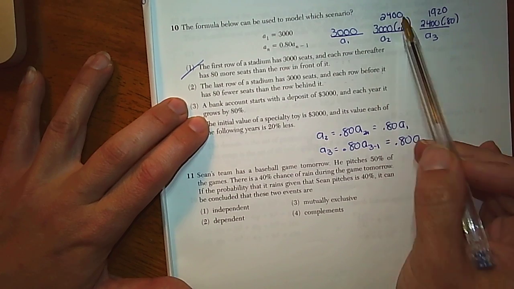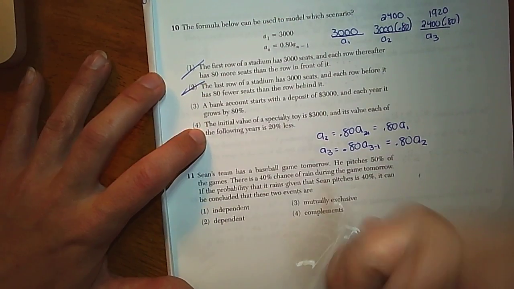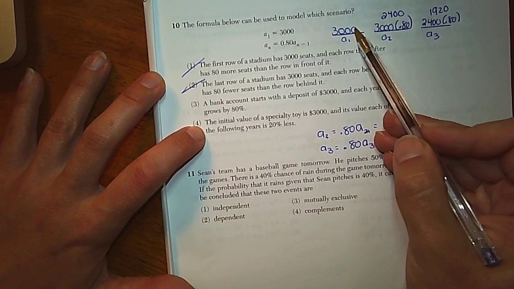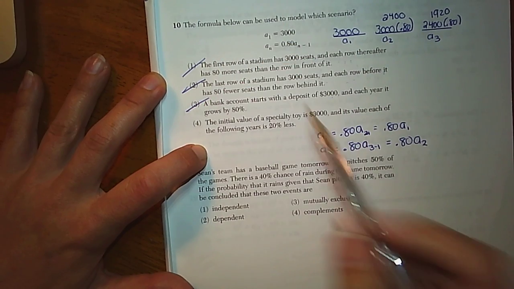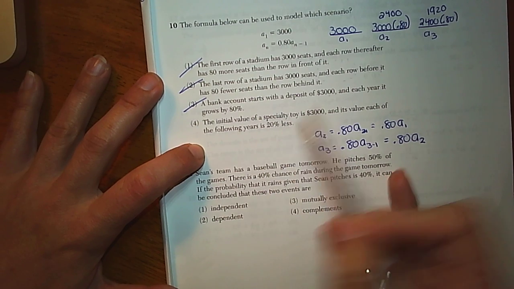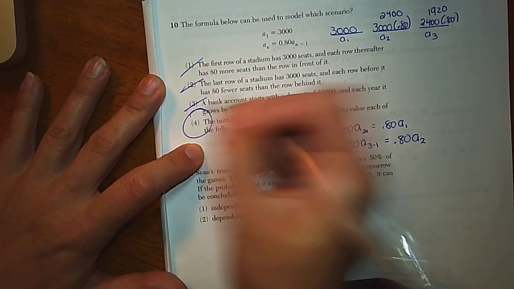No, this doesn't have 80 fewer seats, so that's out. A bank account starts with 3,000 and each year grows. That didn't grow, that shrunk, so that's out. The initial value is 3,000 and each value is 20% less. Well, 0.80 means it's down by 20%. So that's the right answer.